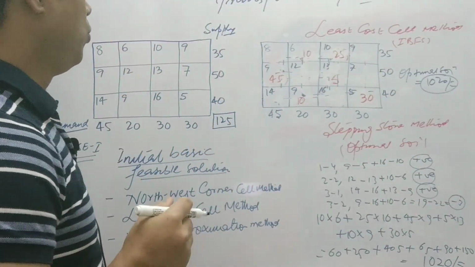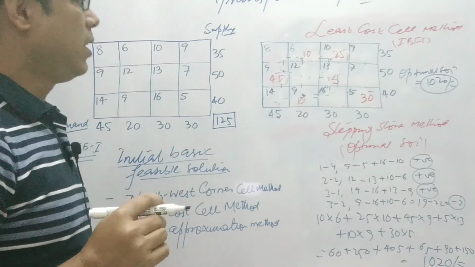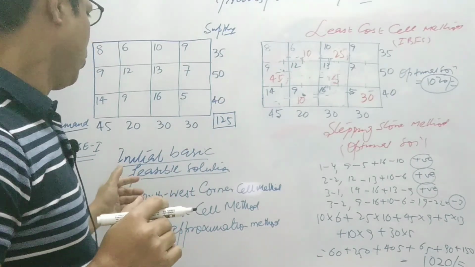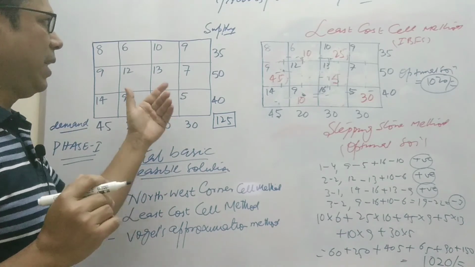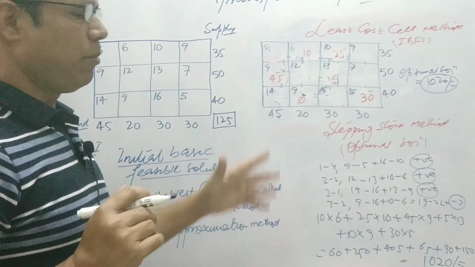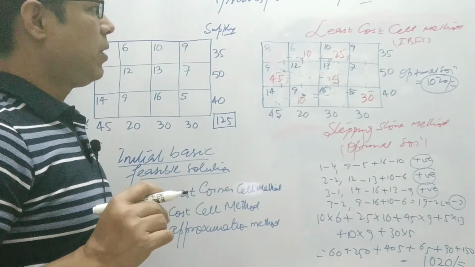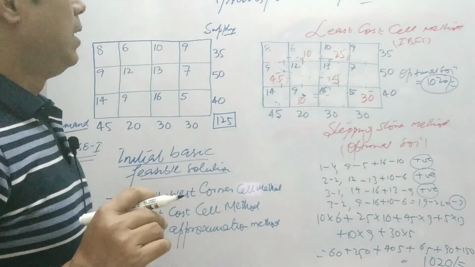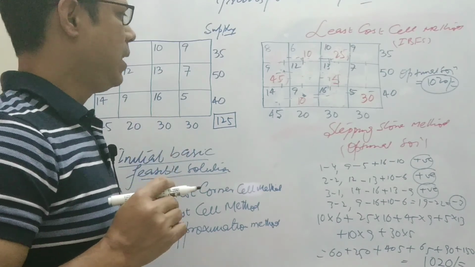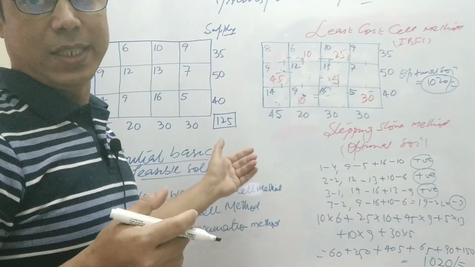Once you go through a certain number of questions using the different methods, first go for the northwest corner cell method and take that solution, the initial basic feasible solution, to proceed with the stepping stone method. So you will be confident over the concept, and you will be able to solve any type of question by applying different types of initial basic feasible solution approaches and then the stepping stone method.